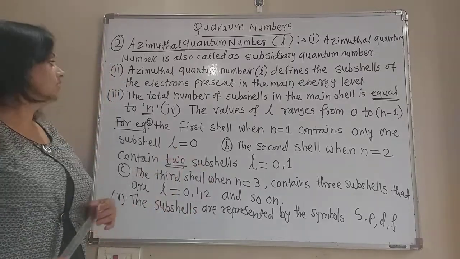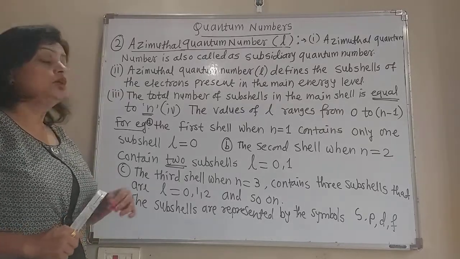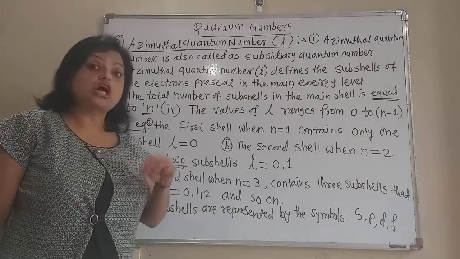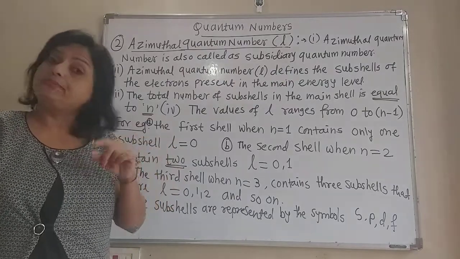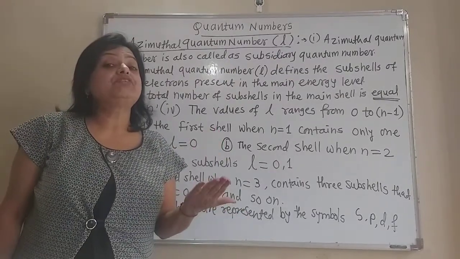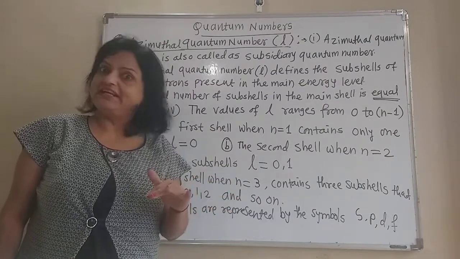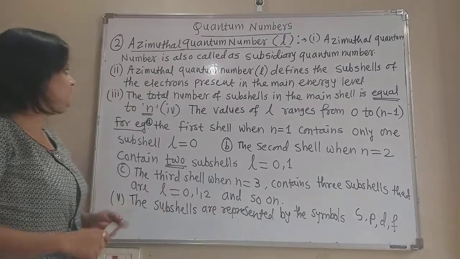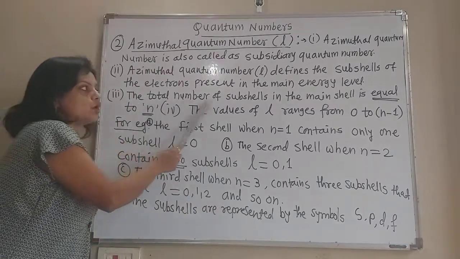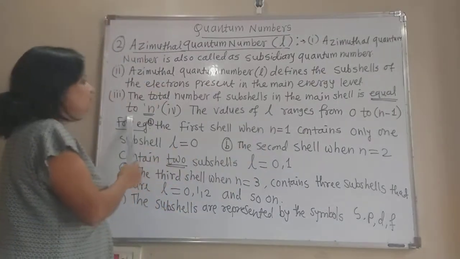Again, what is given by this azimuthal quantum number? The total number of subshells present in a main energy level is exactly equal to the number of that main energy level, that is n. The total number of subshells in the main shell is equal to n.